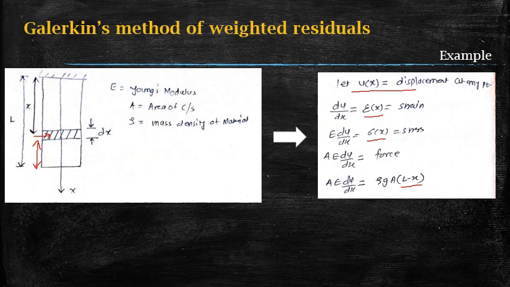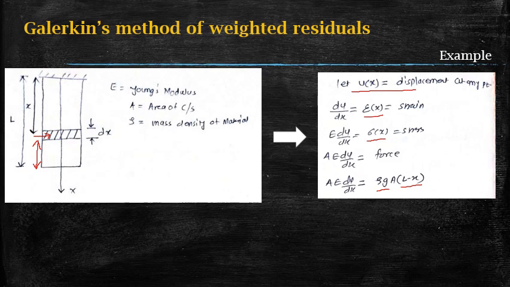So multiply this length by area and it will give you the volume, and if rho is the mass density, rho into g will be the weight density. So weight density into volume will be the total weight of this length L minus x, which has to be supported. This is nothing but the force acting on this elemental strip of length dx.